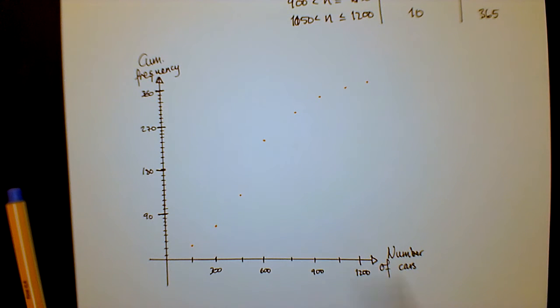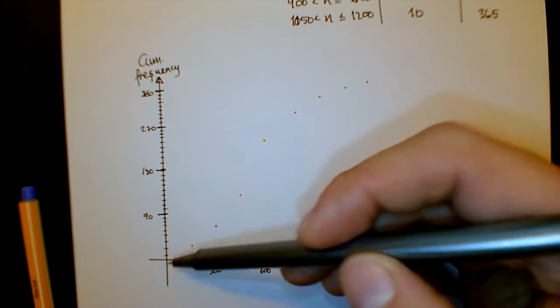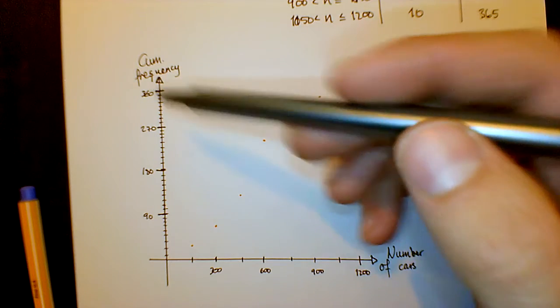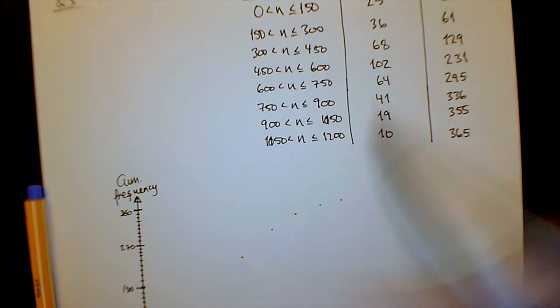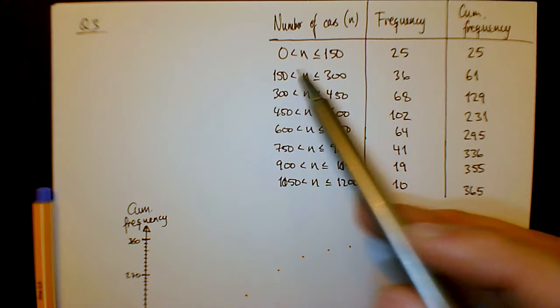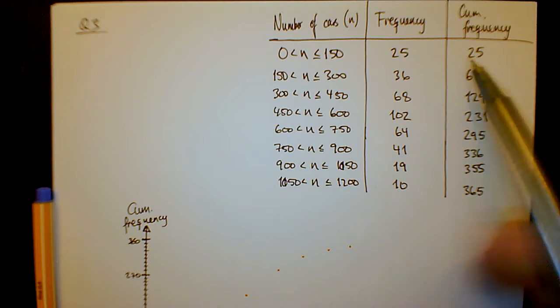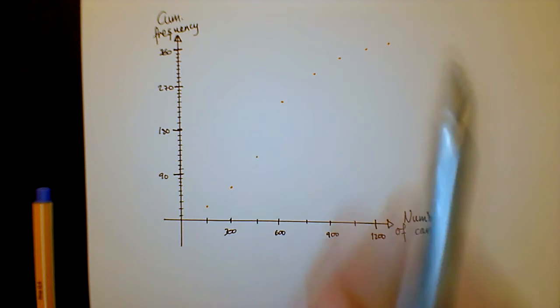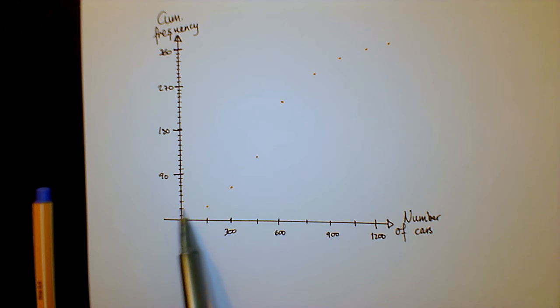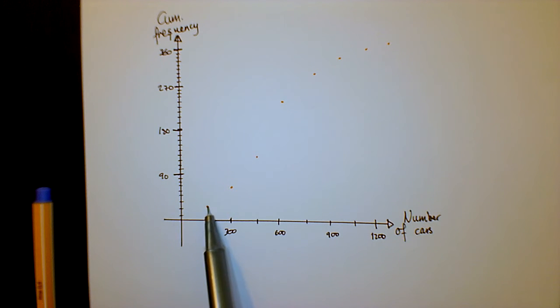So then we have the number of cars along the x-axis, and we have the cumulative frequency along the y-axis. What we can see is, for example, that when we have between 0 and 150 cars, we have a cumulative frequency of 25. So that's what we see here, where every one of these is approximately 10. So 10, 20, 25, and then that's up to 150 cars. So it'll give us this line.